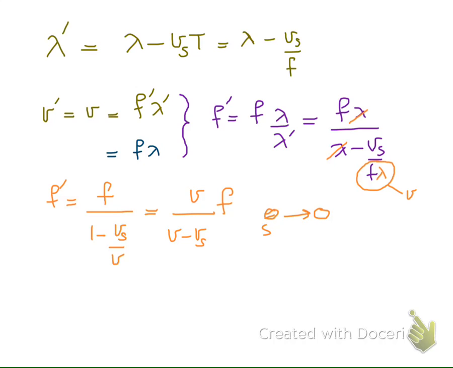Using the same procedure, we can see that if the source moves away from the observer, we must have f prime equal to v over v plus Vs times f.